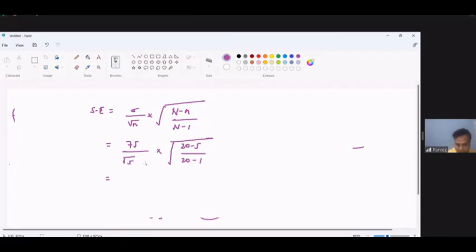First solve this, then divide and then multiply. You will get approximately 29.8.